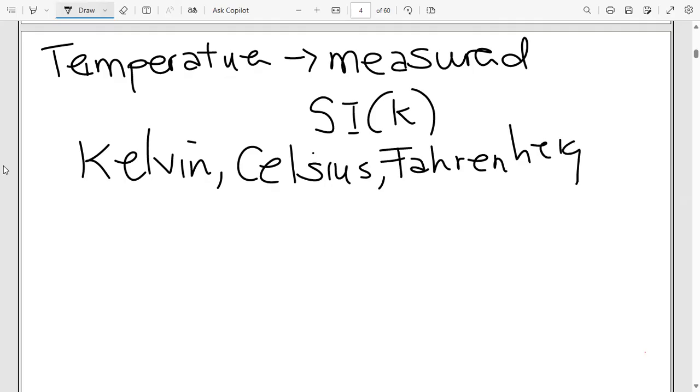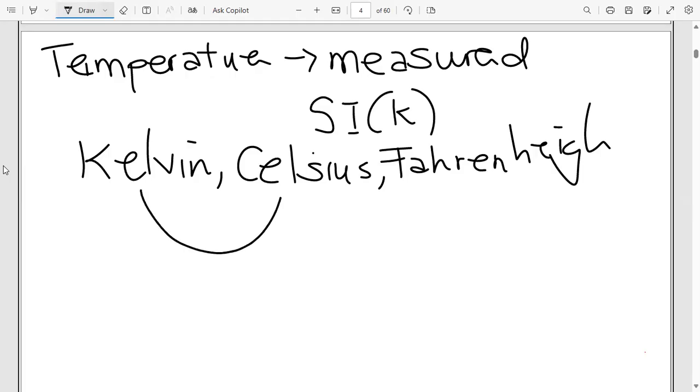So the measurement of temperature can be acquired using these three units of measurement, and we call these the temperature scales. We have Celsius, Kelvin, and Fahrenheit. And we can actually convert between these.